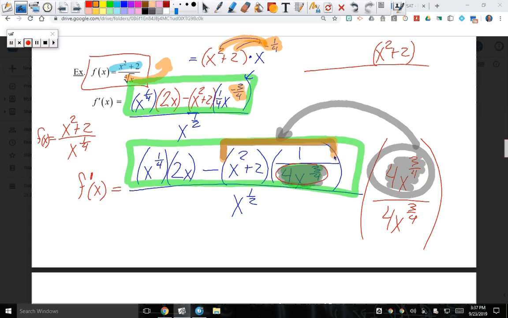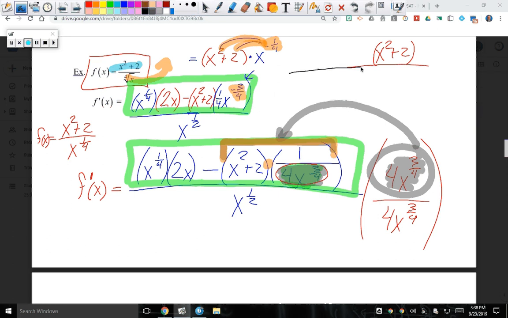Because it's all glued with multiplication. So it's like if I were to have 1 over 2x, and I multiplied, let's say, by x squared, I'm basically canceling out this, and I have something left over. It's that cancellation form of 1. So when I distribute, I'm left with x squared plus 2 in the top right.